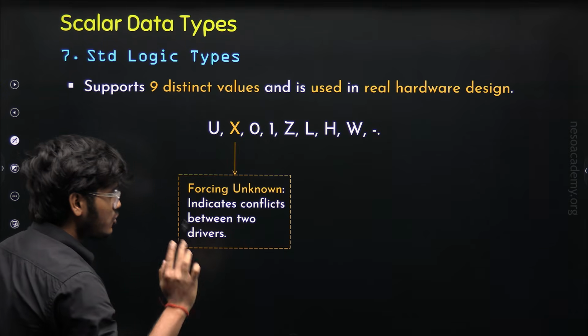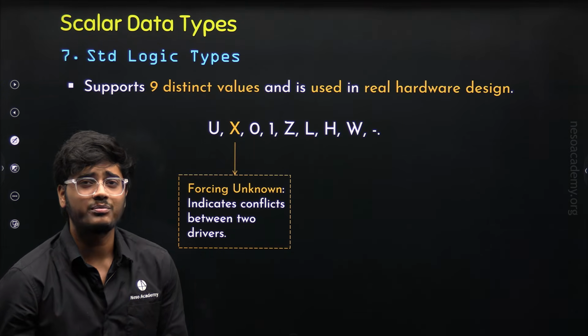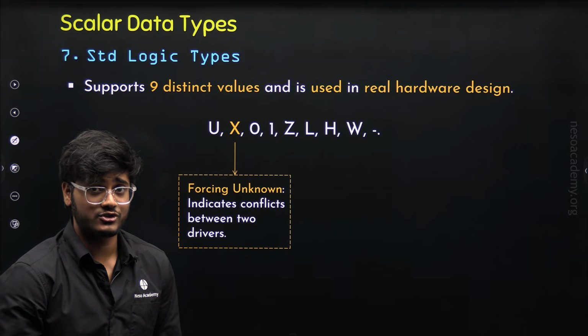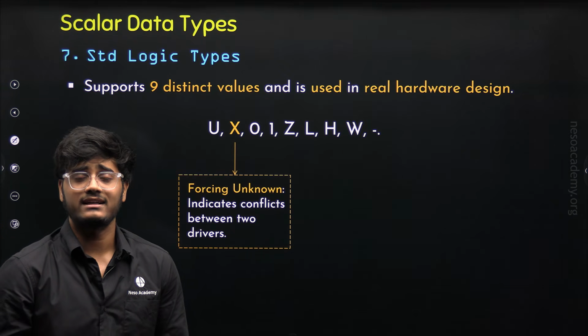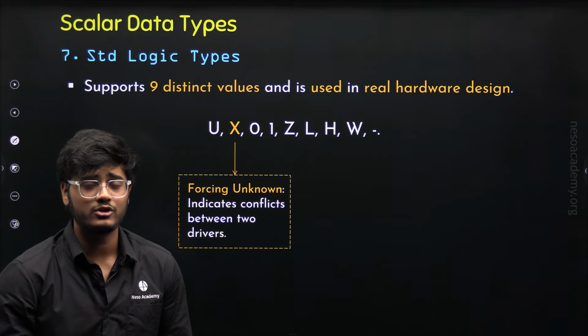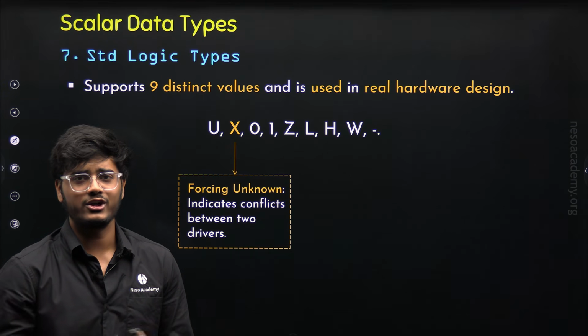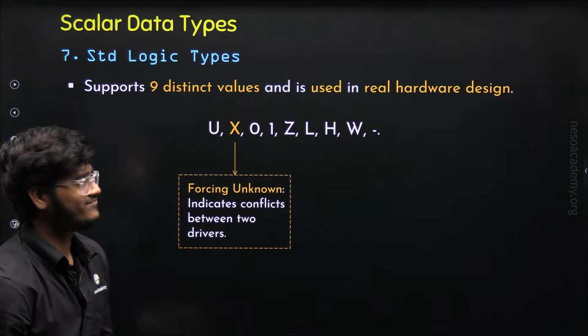Drivers means sources. Forcing unknown means final value cannot be determined. Just like we saw, if one source says assign value 1 and another source says assign value 0, in that scenario, output will remain unknown, which represents a conflict between two sources.